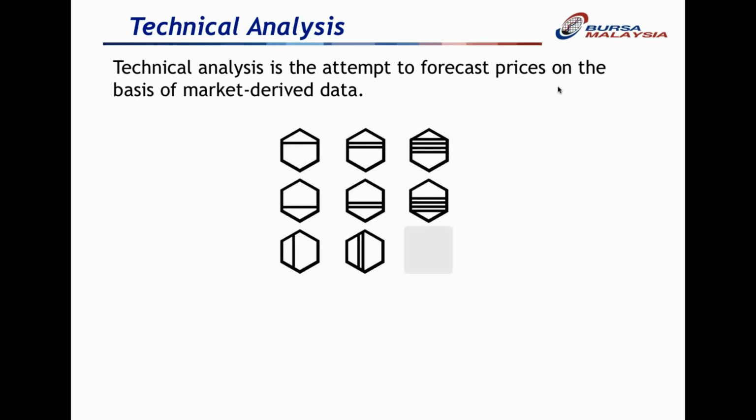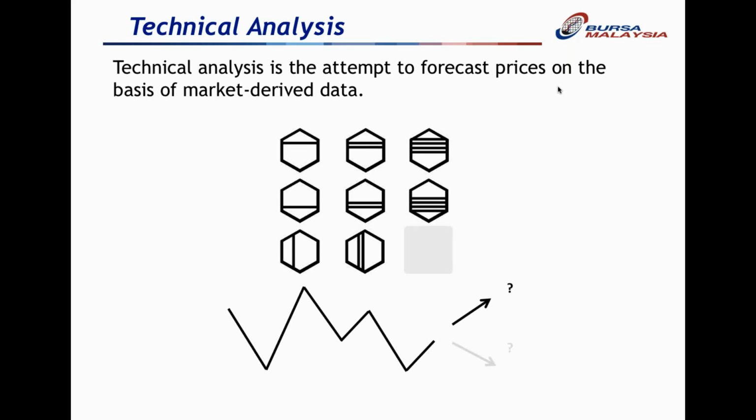If you look at this pattern, you see there are different patterns here and there, and then you try to predict what is the next pattern that will come out. It's the same: you look at the price action, you try to predict whether subsequently the price will go up or the price will go down. So that is technical analysis.